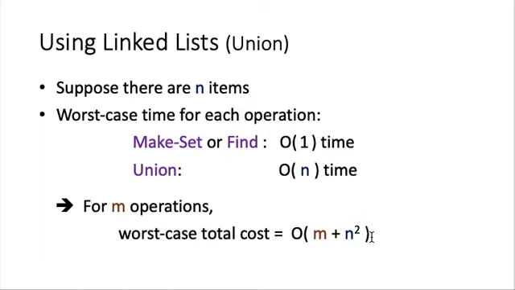Altogether, each of these items can be relabeled at most n times, so the total time for the union operation over any number of operations is at most n squared. When there are m operations, they could be make-set or find, m of them, and for the union, no matter what happens, it is at most n squared. So the total time in the worst case is m plus n squared.